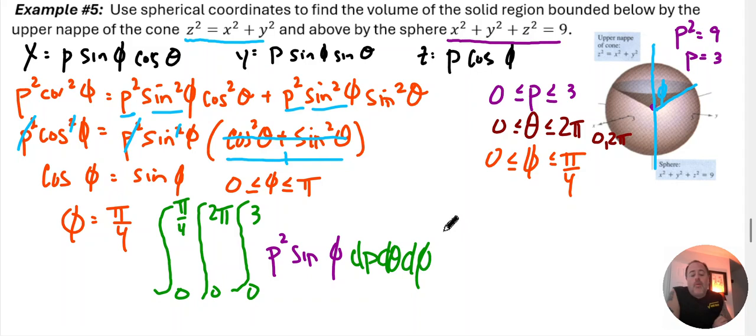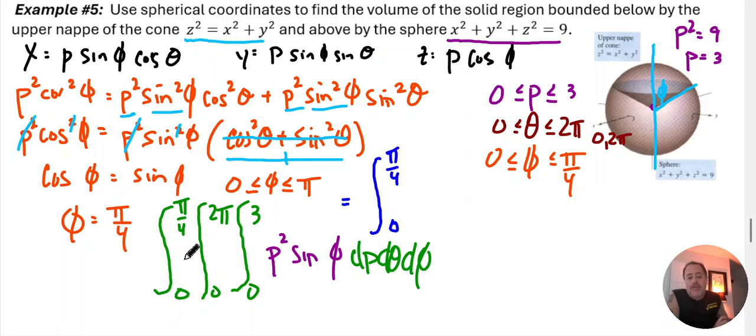All right. So one cool thing about this problem is we could do the old school integration of everything, but a friendly reminder of something that we learned when we were looking at double integrals is that if this is a product, all these things being multiplied together, we can take each individual variable.